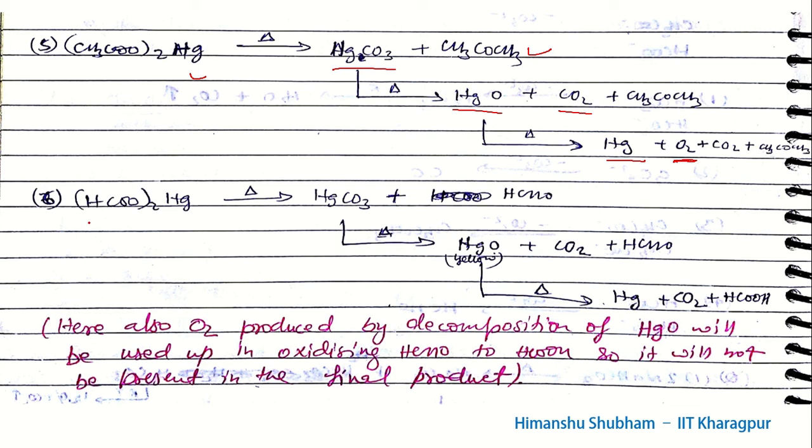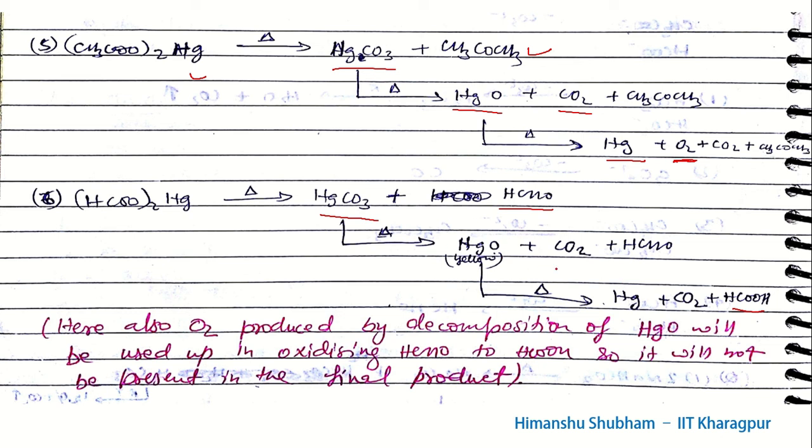And next we have to decompose the formate of mercury, so we get HgCO3, obviously the carbonate, and HCHO. From HgCO3 we again get HgO plus CO2, and HCHO from the first step, and when HgO is heated we get Hg plus O2, along with CO2 and HCHO. Now we don't get O2 as was expected from the decomposition of HgO.